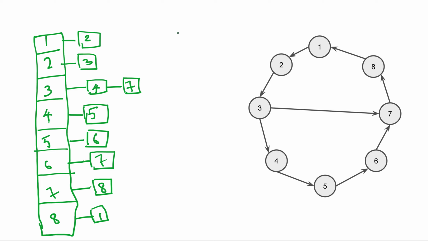So if you have V number of vertices and E number of edges, then for an adjacency list representation, we will require the number of vertices plus the number of edges present in the graph. This is the memory that we require to represent the entire graph, that is number of vertices plus number of edges.